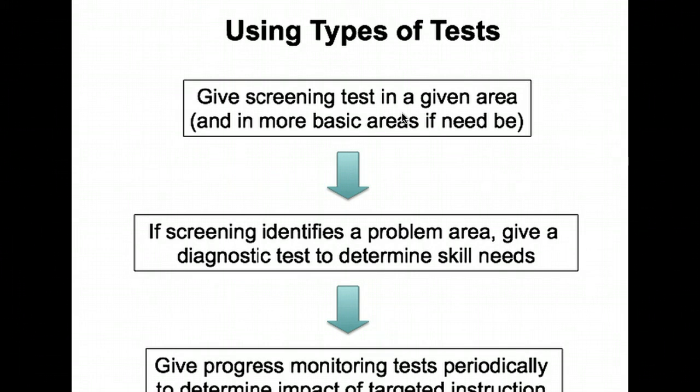So we figured out that Monica is struggling with her decoding skills, and now I've come up with some kind of plan for Monica, and I will give Monica progress monitoring tests periodically to see if we're teaching her that issue. See how the system works? It's like a 1, 2, 3.